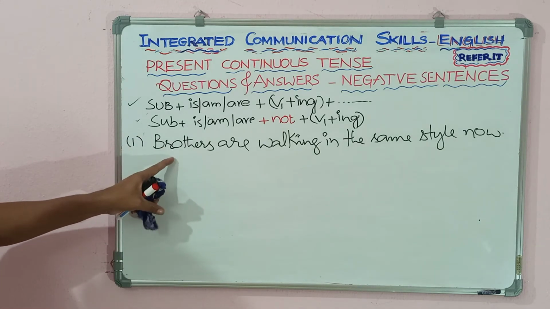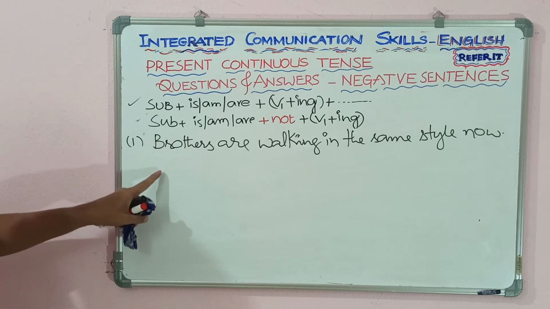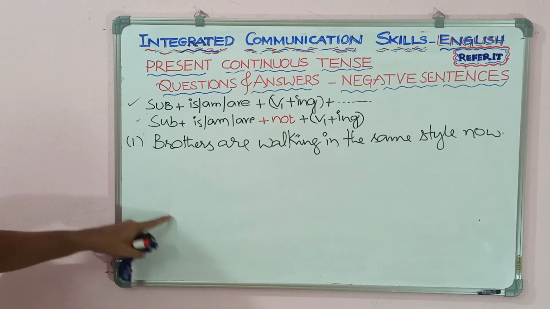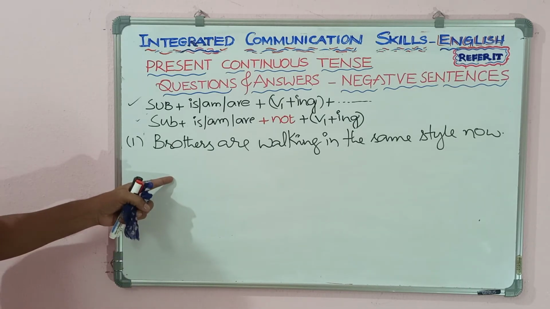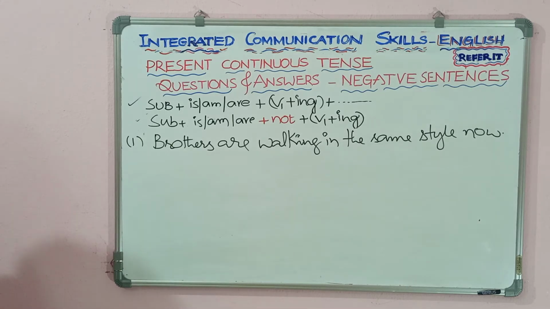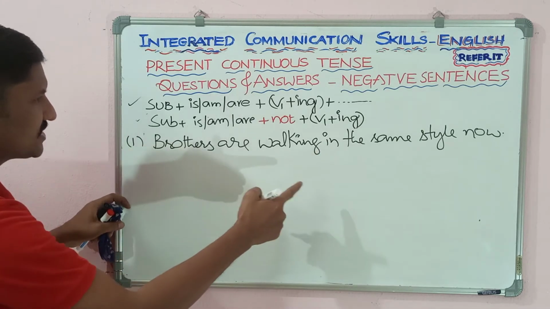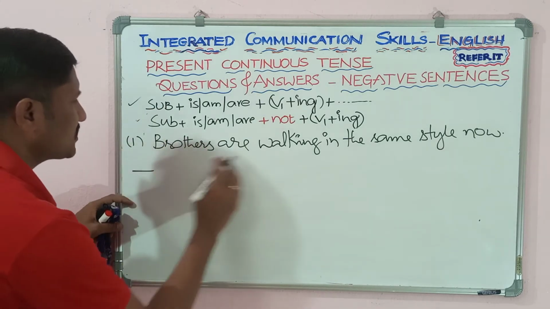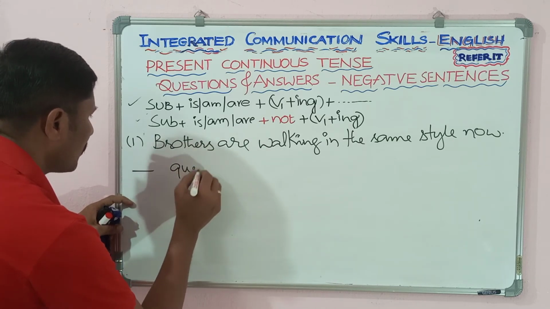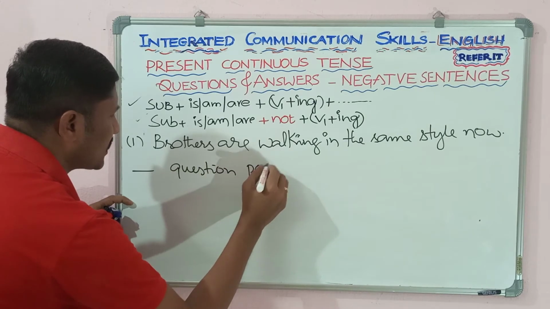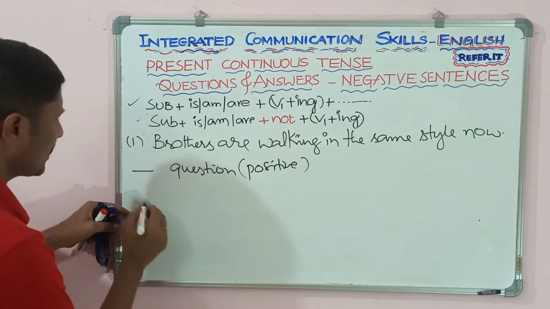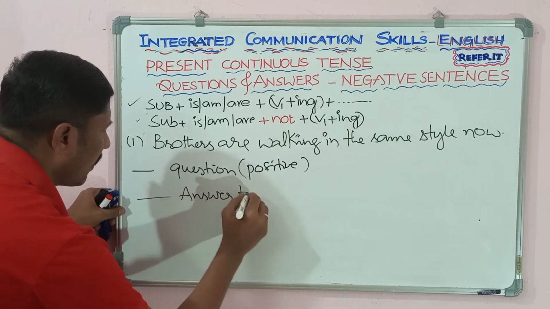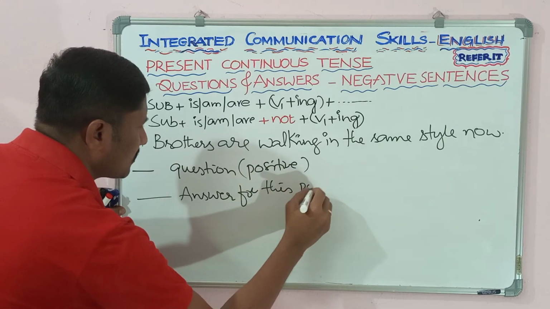First you have to write a question for this and you have to write the answer for this. Next you have to write a negative sentence, then a question from the negative sentence and an answer for the negative sentence, and then you have to write a WH question. You have to write 5 answers for this single sentence. First answer must be the positive question. Next, the answer for this positive question.